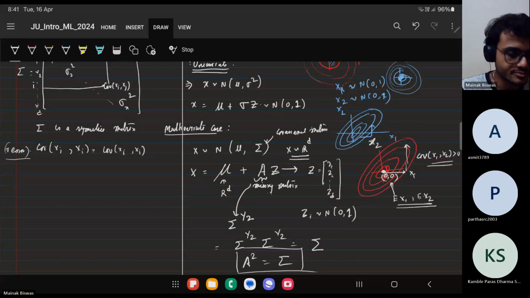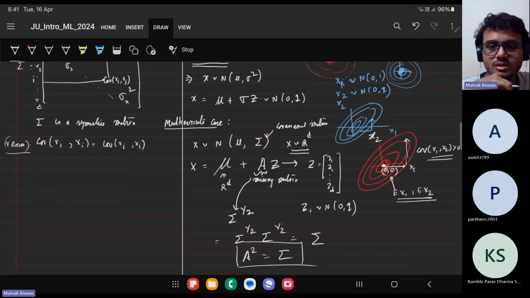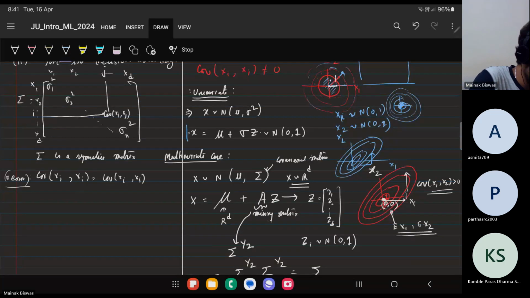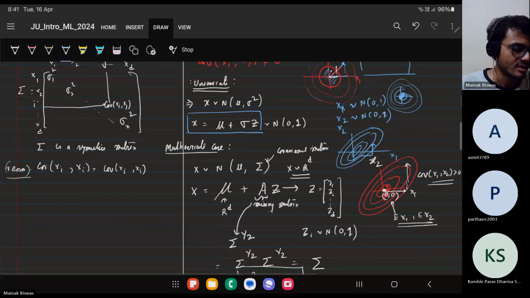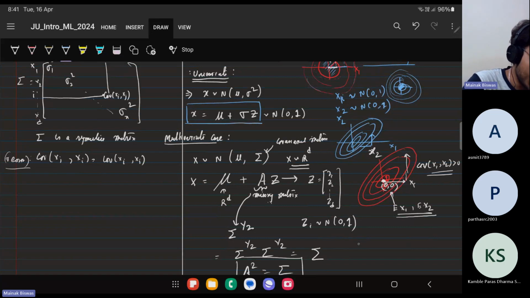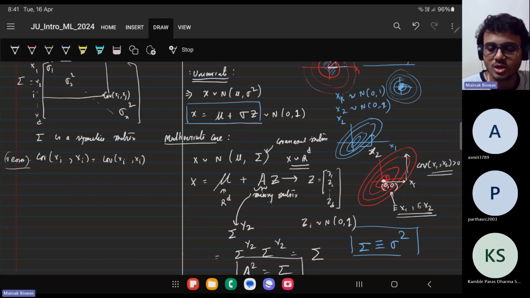Okay. Is this okay with everyone? This is exactly similar to mu plus sigma Z. Here A is analogous to sigma, the standard deviation. I'm not going into the Jacobians, but the Jacobian is very simple.